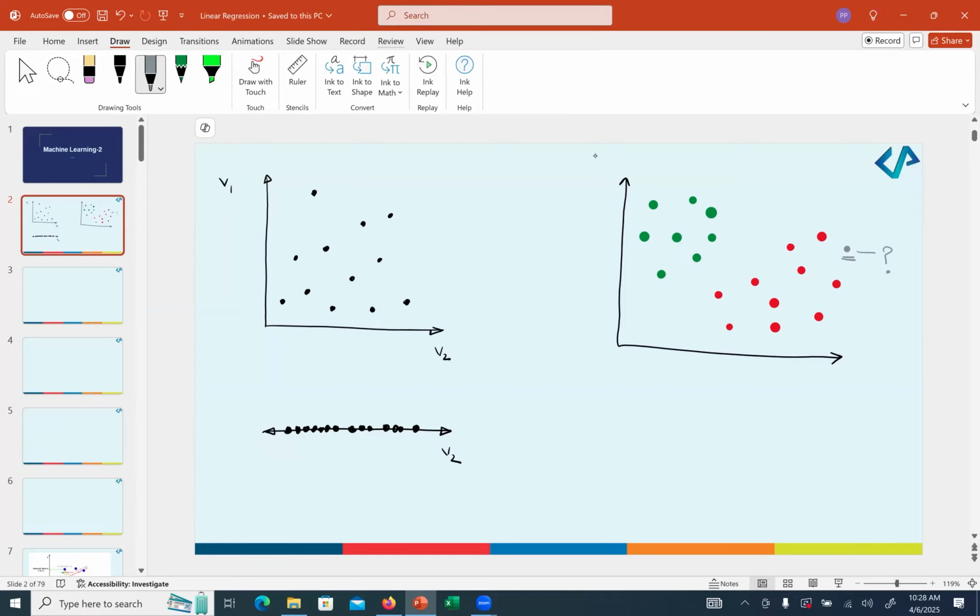So as you add more dimensions, the points go very far away from each other, and it becomes very difficult for the model to generalize anything. So what does the model start doing? The model starts mugging up everything. It cannot understand what is happening because it is not able to generalize, so it starts remembering it.